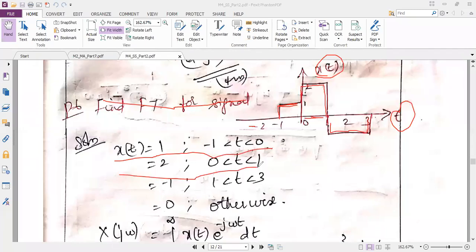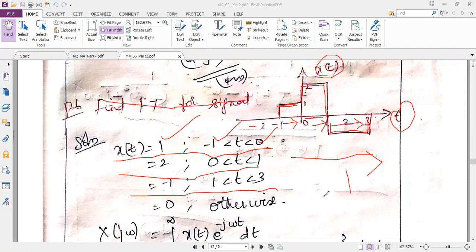If I am able to do that, my work is simplified. So x of t is equal to 1 when t is from -1 to 0. You should move the limits from left to right: -1 to 0, then 0 to 1, then 1 to 3.